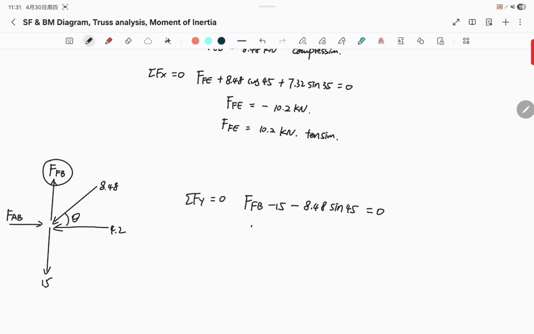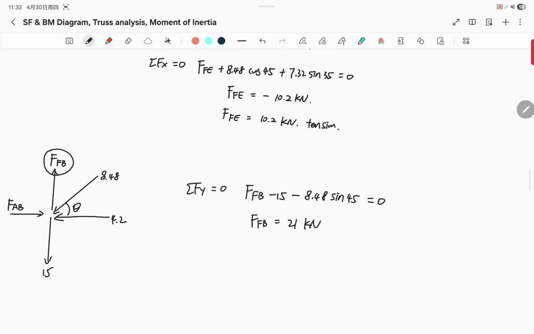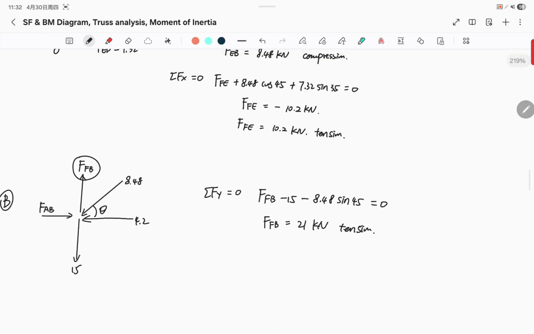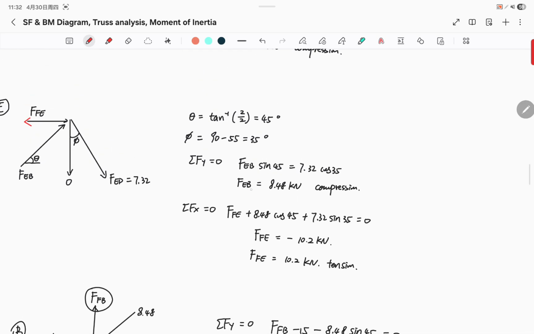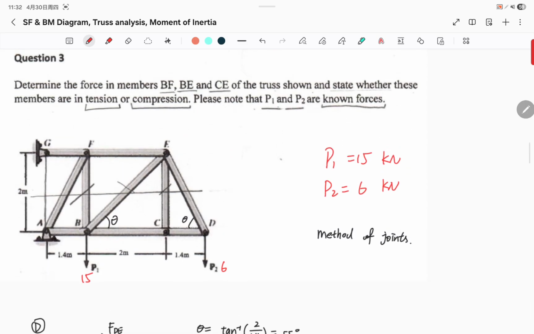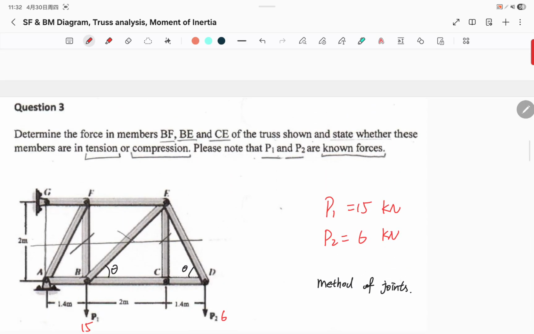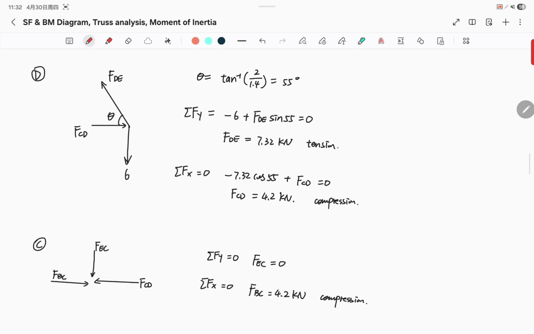By solving this, we get FB equal to 21 kilonewton. It's a positive value, that means our guess was correct, so this is in tension. Now we have all the forces. We have EB, the question was asking for BF, EB, and CE.